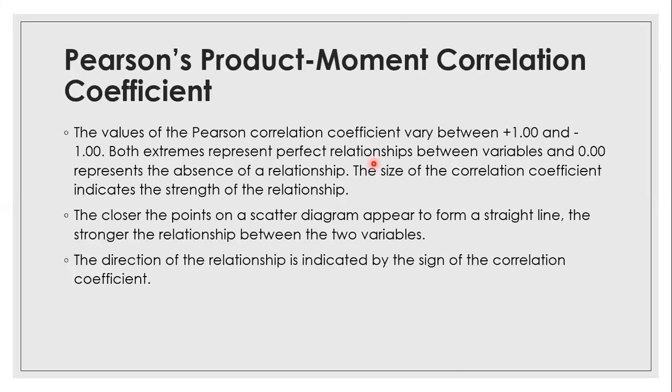The sign is only important because it tells you the direction of the relationship, meaning whether the two variables are related in a positive or direct way, or in a negative or inverse way.